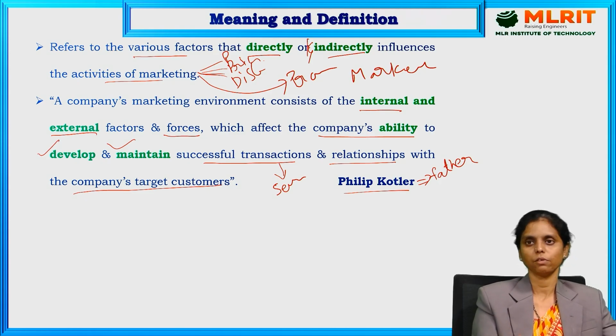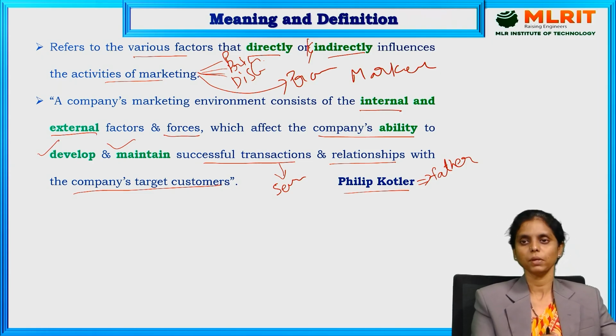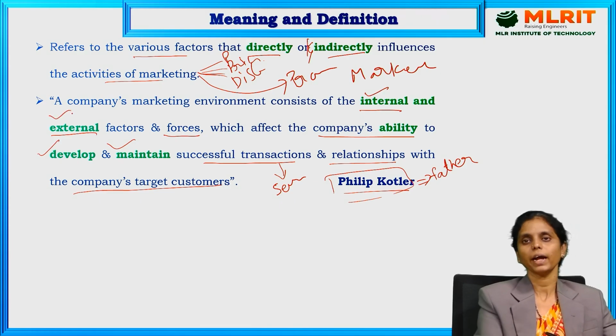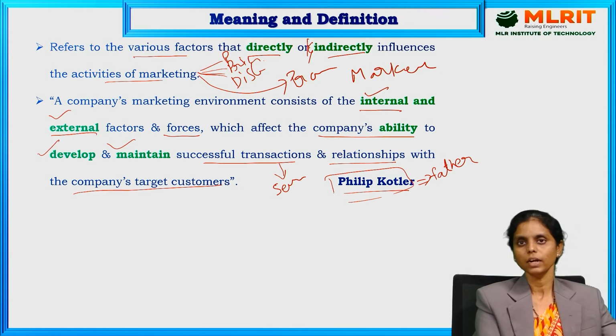All these elements will be influenced by certain factors that we call marketing environmental factors, or simply the marketing environment. So this is the basic definition given by Philip Kotler. The major aspects here are internal and external factors affecting business decisions or marketing decisions.